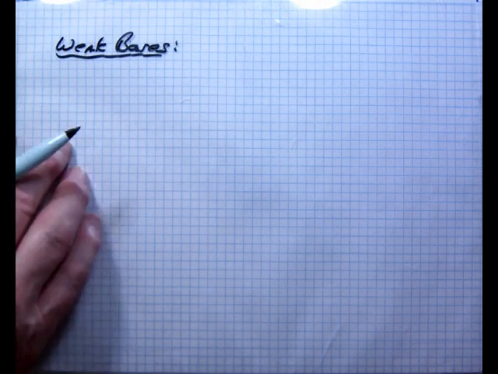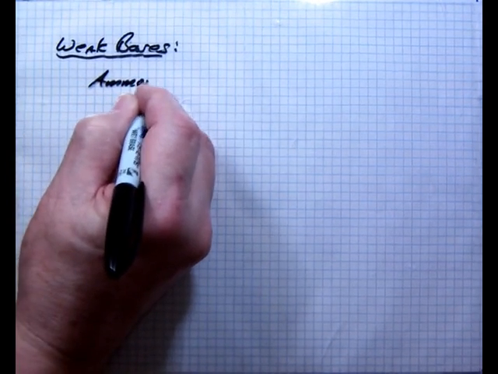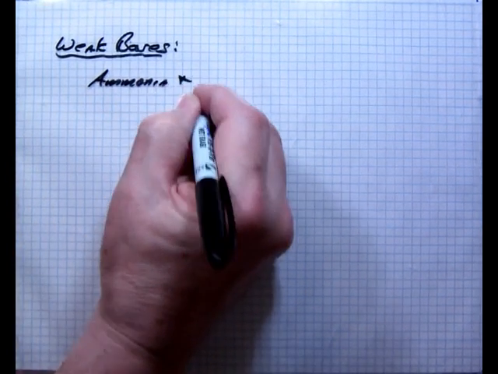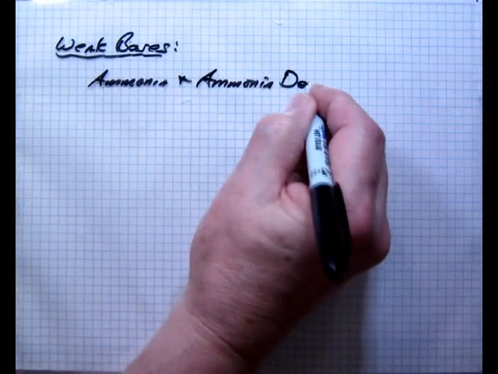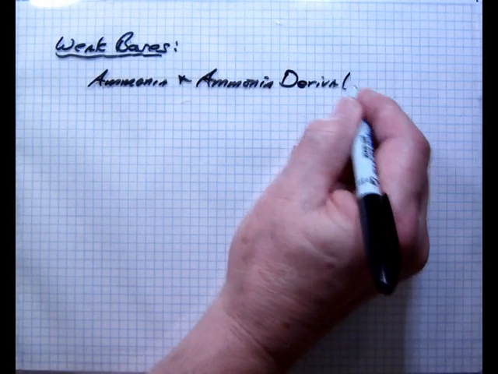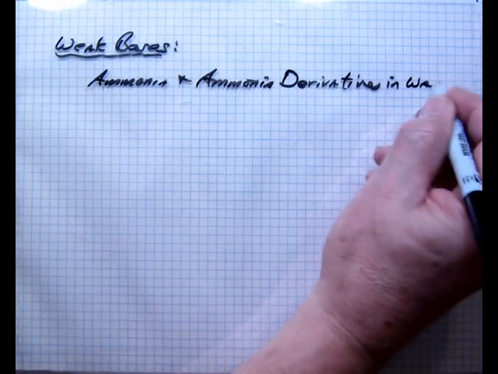When we talk about weak bases, the general definition under the Arrhenius as well as the Bronsted are ammonia and ammonia derivatives and water.